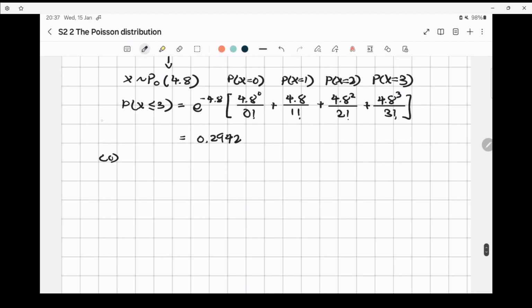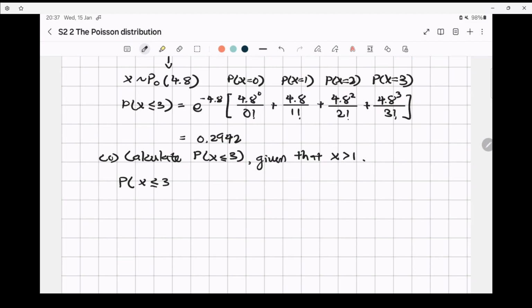So the question of part C, calculate P(X smaller or equal to 3) given that X is greater than 1. So this is a conditional probability.